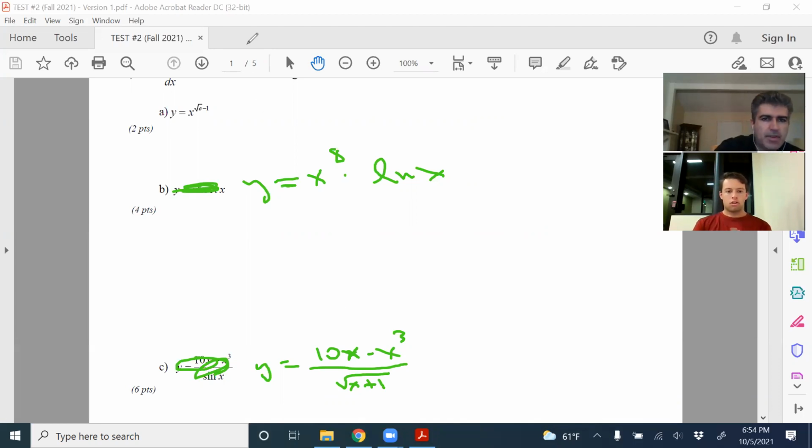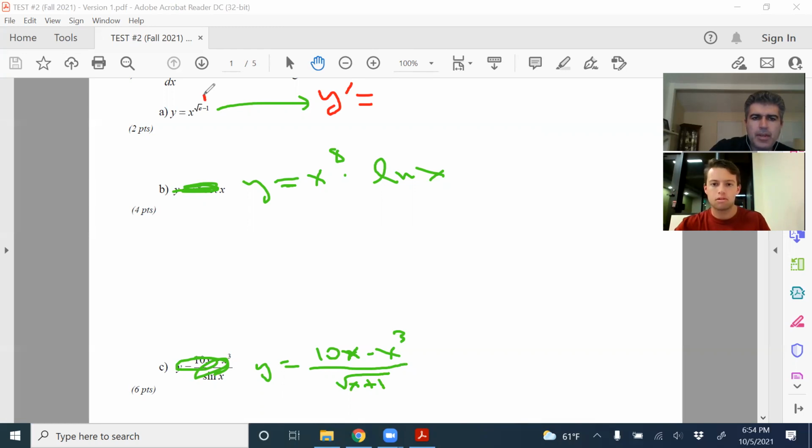Part A is kind of a trick question. Don't get intimidated by it. So would we do x, and then in parentheses x over e minus one? What do you mean? So y equals x to that power.